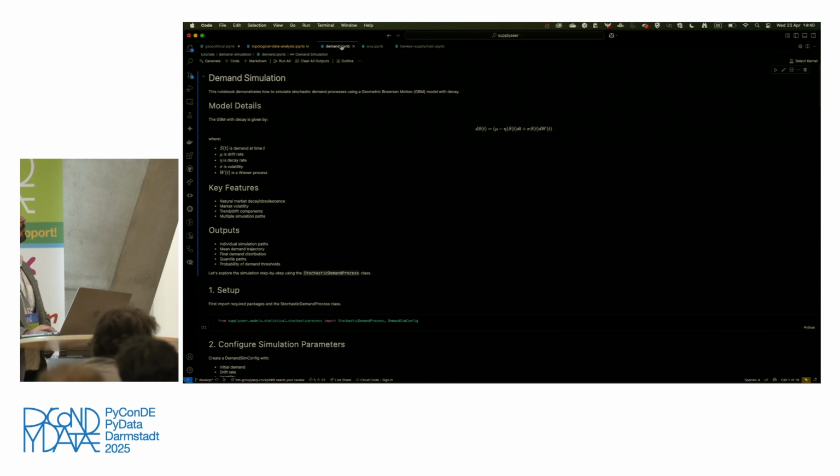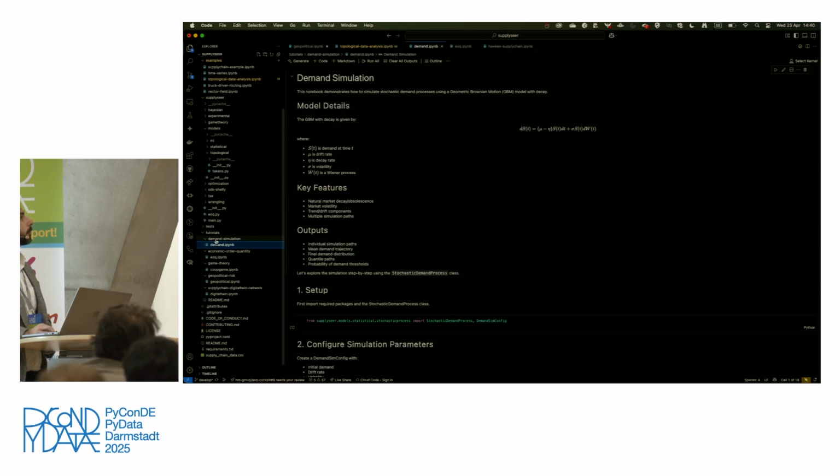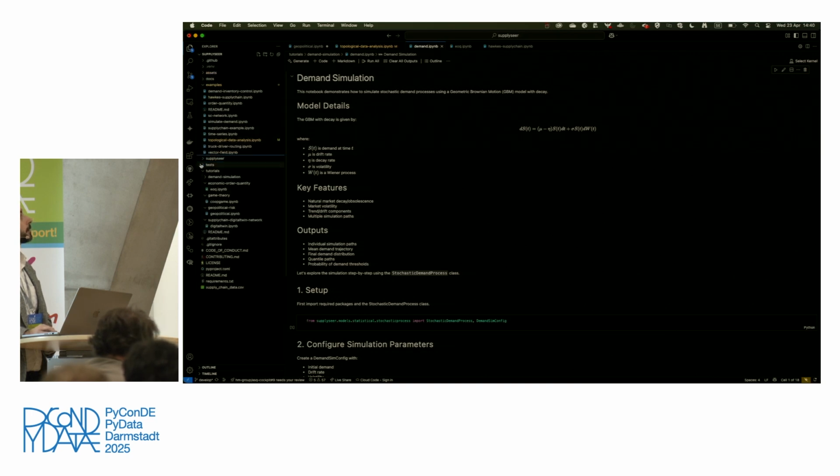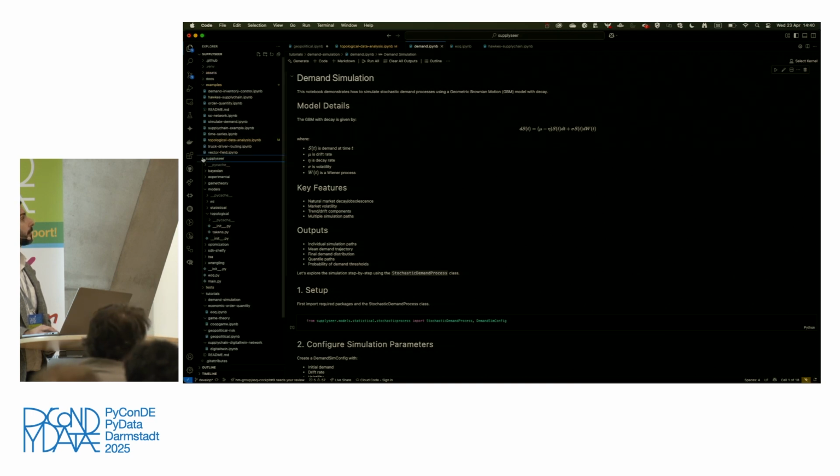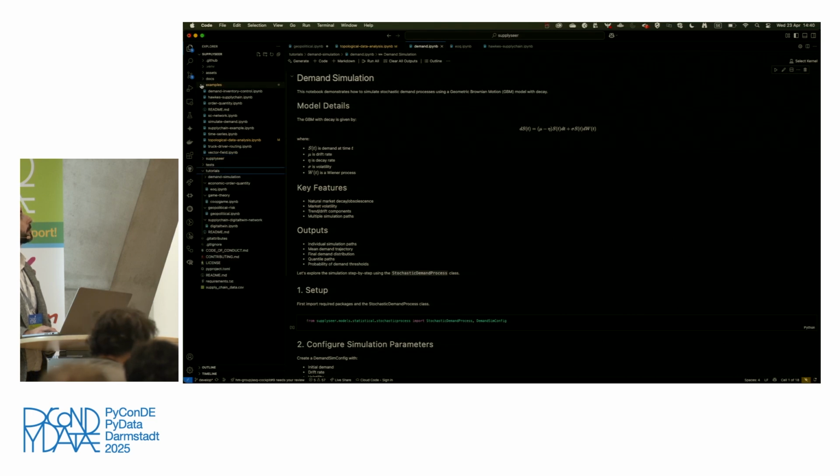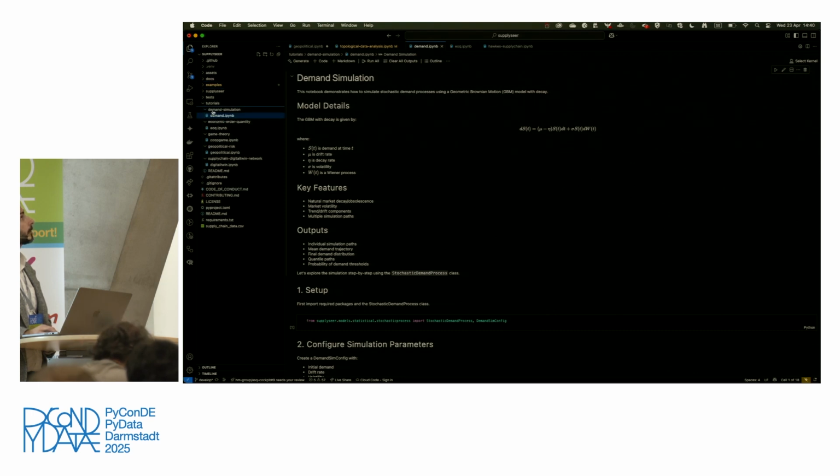But can everybody open this demand notebook? It is found under tutorials. In supplyseer, open it, or no, sorry, tutorials over there. Tutorials, demand simulation, open it. We open the demand notebook.